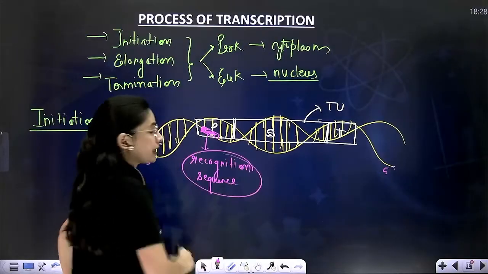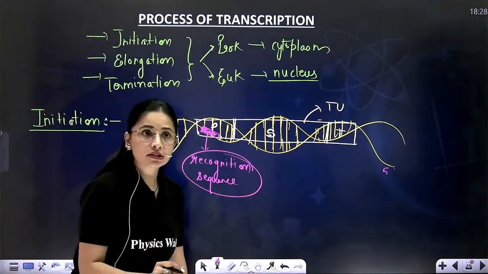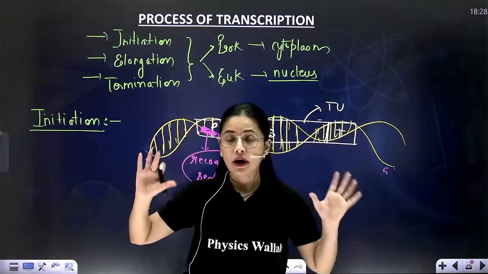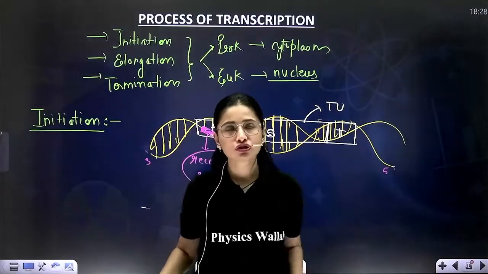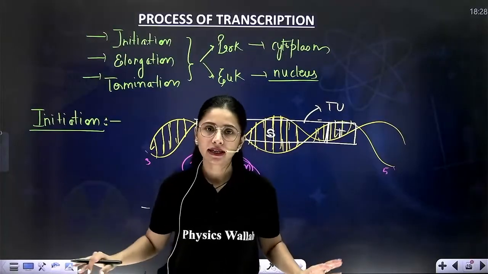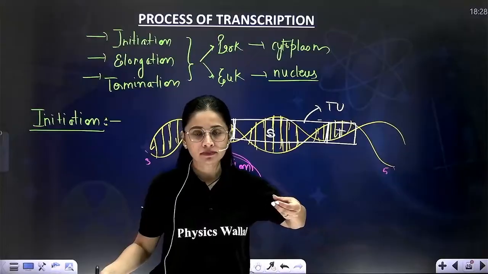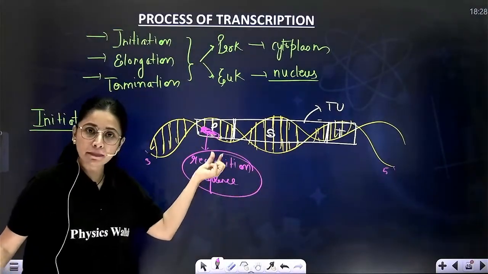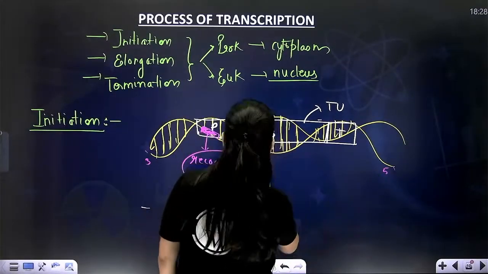Right? Whenever transcription has to start, first of all, sigma factor. See, right now RNA polymerase, which has 2 components, when transcription is not taking place, both the components are separate from each other. Right? When transcription has to start, first the sigma factor comes, recognizes the recognition sequence in the promoter region and binds to it.